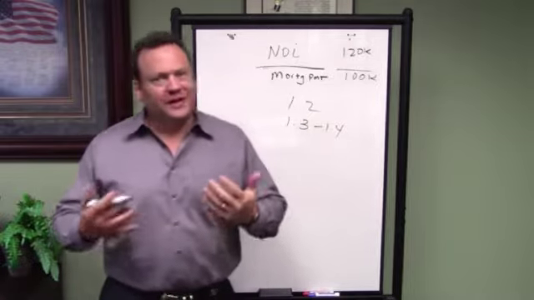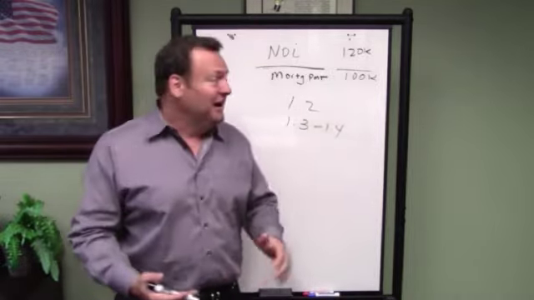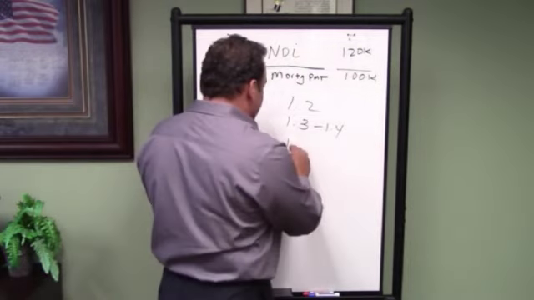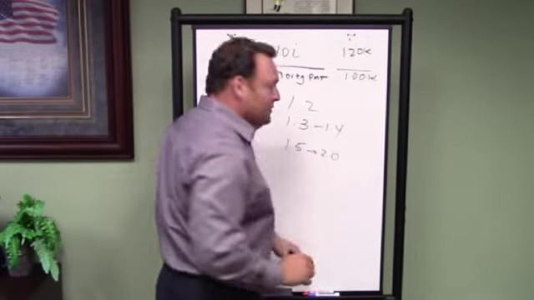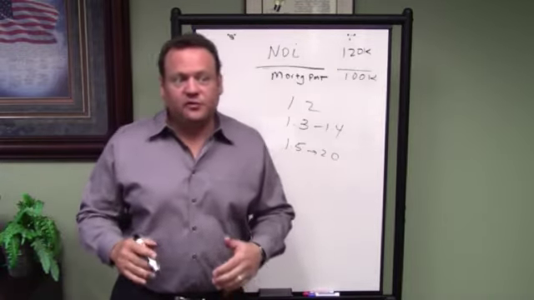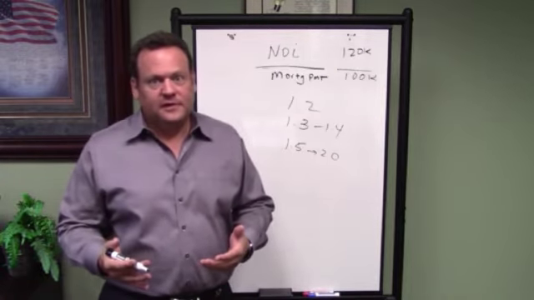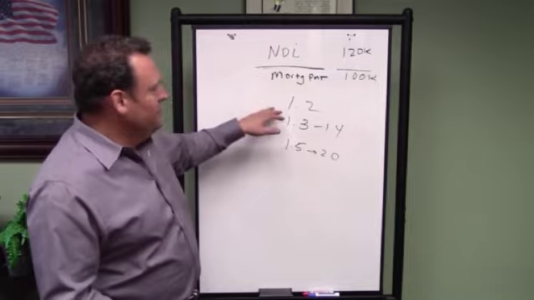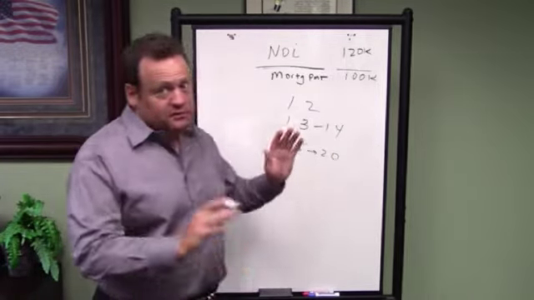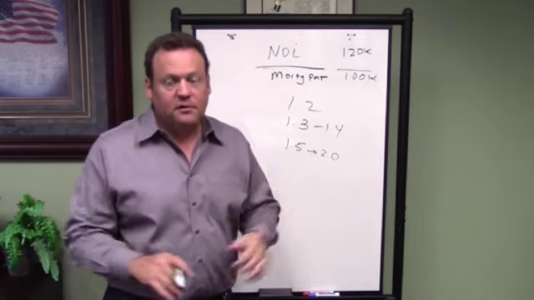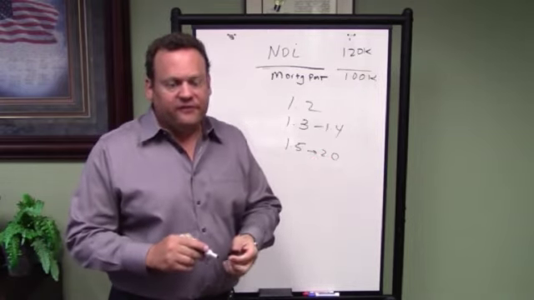Personally, if I was going to do a seller carry or something like that, I'd like to see it at least 1.5, if not 2.0. That's what I think you should be looking at. Again, a lender is going to want to see 1.2. If it's less than 1, no good. That means you're not breaking even.